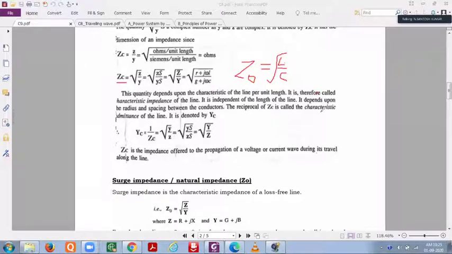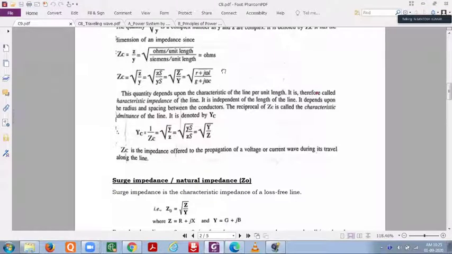Surge impedance is nothing but the characteristic impedance for a lossless line, meaning we don't have resistance and conductance. So please do remember these terms. Don't get confused. Characteristic impedance involves R, L, C, G. Surge impedance is only L and C.